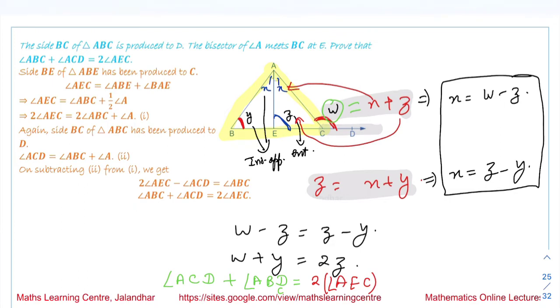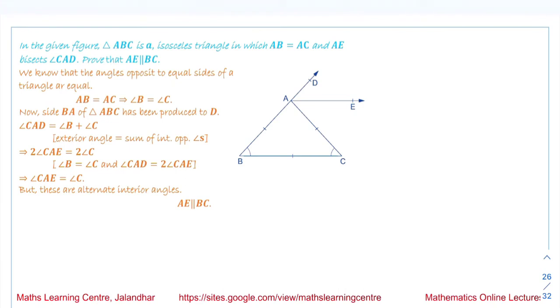Now in the next question we are given a triangle ABC, and it is an isosceles triangle with AB equal to AC. It is given that AB is equal to AC, and AE is the bisector of angle CAD. So we are saying this is the bisector of the angle.